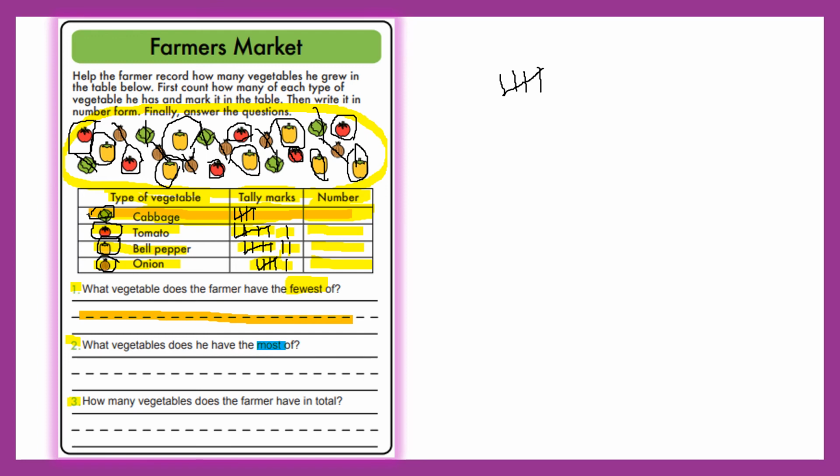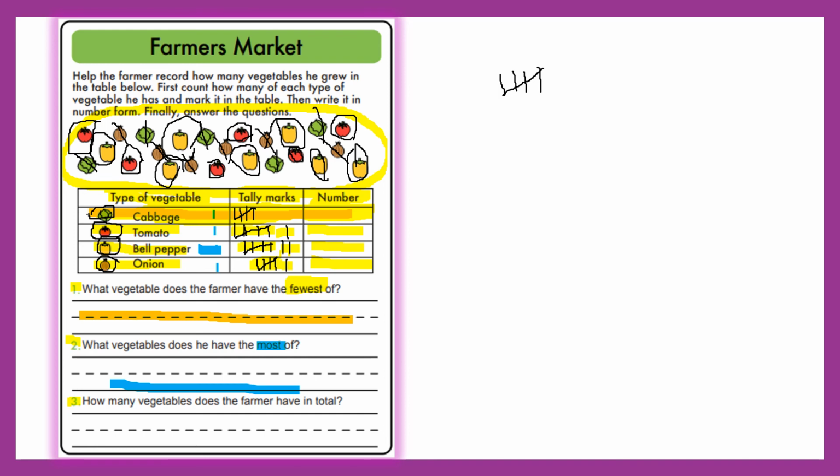What you're going to copy from these up here and right down here is not just one word, it's 2 words. And the first word is something that you can ring. So can you ring a cabbage, a tomato, or can you ring a bell pepper? All right, which vegetable has the most?